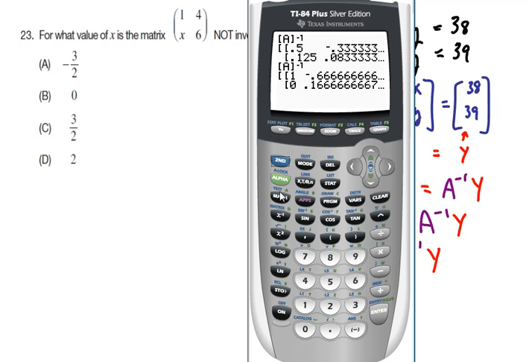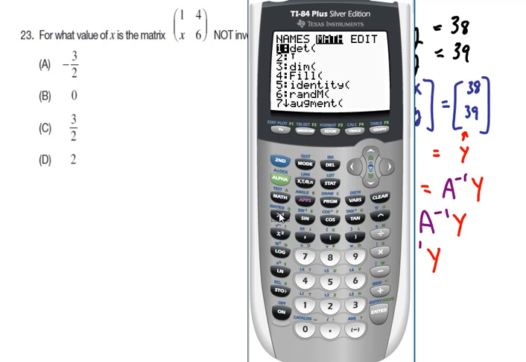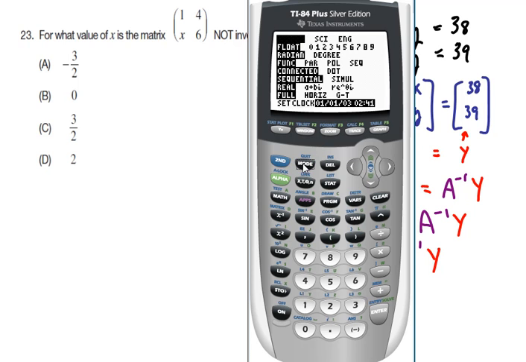So we're good there. So I'm going to go back to matrices, go over to edit, edit matrix A. Come down, instead of 0, I'm going to put 3 halves. 3 divided by 2, enter, and I'm going to quit out of that. Sorry, quit.